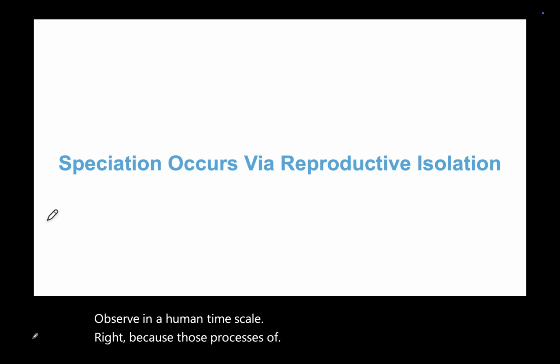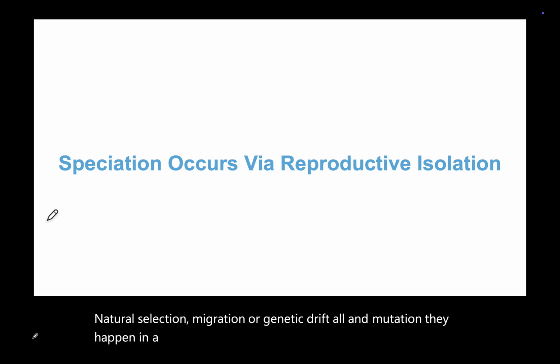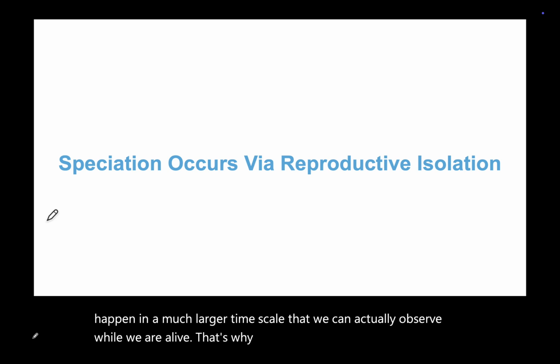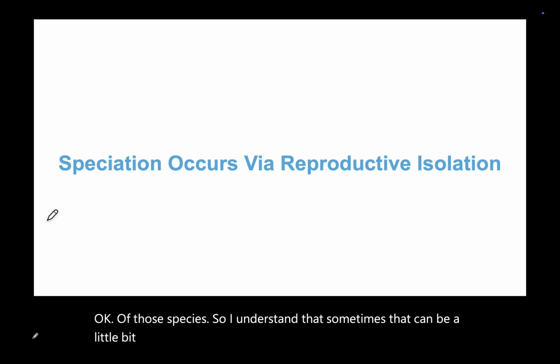Natural selection, migration, genetic drift, and mutation happen on a much larger time scale than we can observe while we are alive. That's why we rely on the observation of fossils or other types of natural documents of those species. So I understand that sometimes that can be a little bit abstract because, again, we can't actually see it.